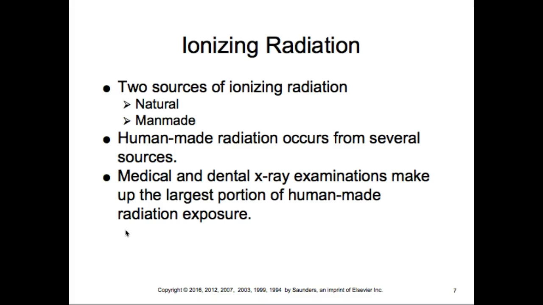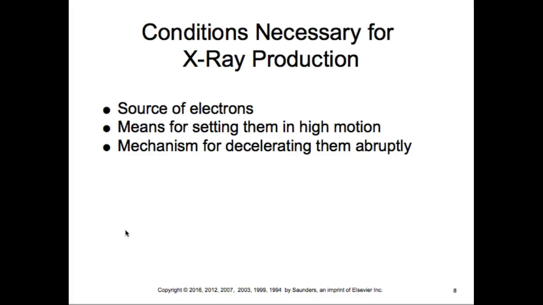Our bodies are exposed to natural radiation all the time, and that's not the focus here. Human-made radiation comes from several sources. Medical and dental exams are the largest portion of radiation exposure.